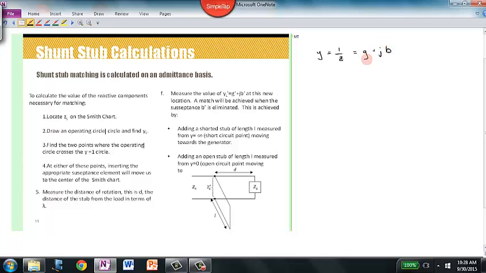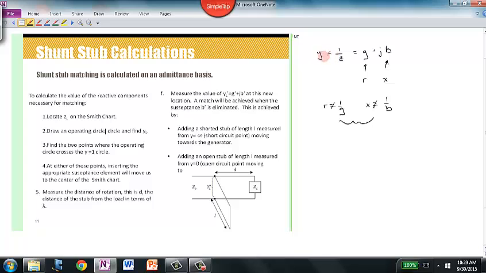So this is related to resistance, and this is related to reactance. They're not exactly the same because R does not equal 1 over G, and X does not equal 1 over B. Instead, we know the relationship is Y equals 1 over Z. So these don't hold, but resistance and conductance are related, and susceptance and reactance are related.